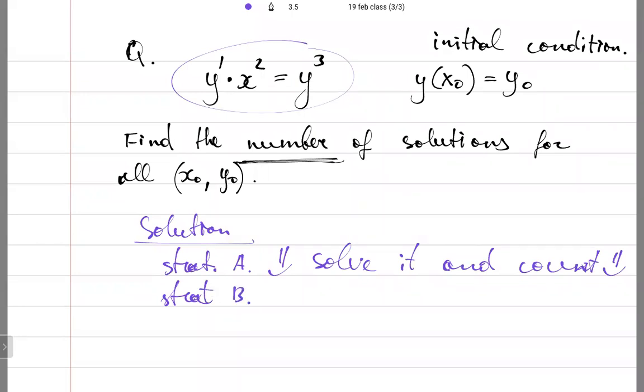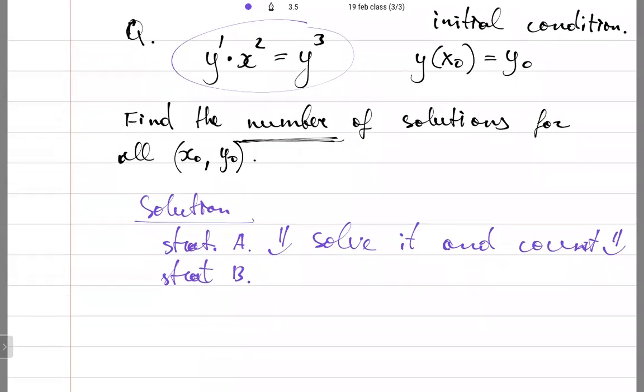to use some theorems. Kirill Alexandrovich has stated some theorems about the solutions of differential equations, and I will quote these theorems.